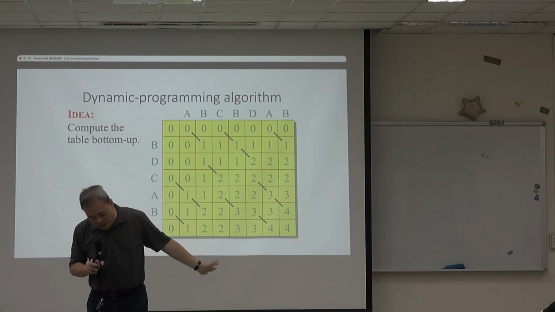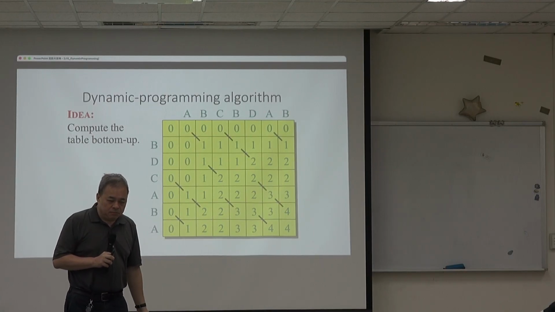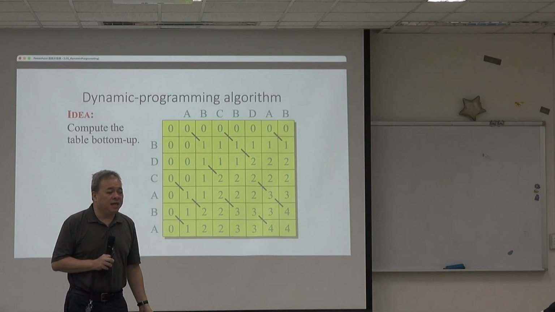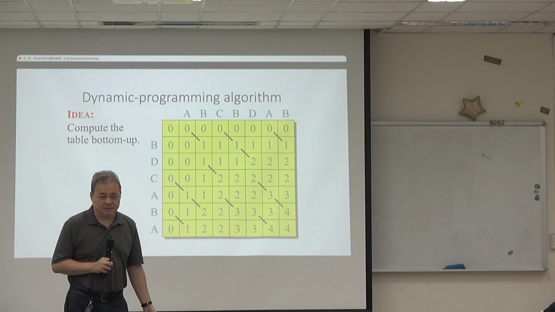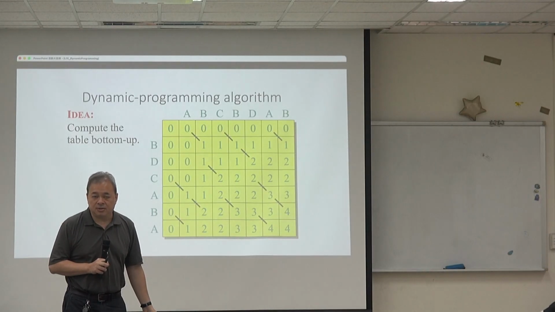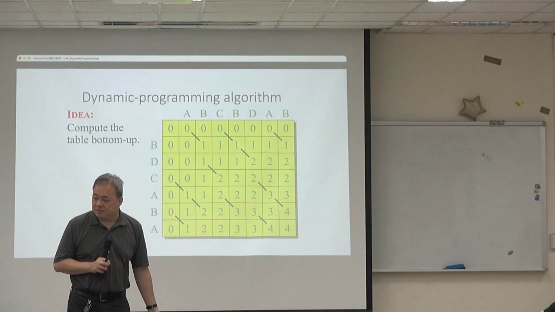But with this information, how do you output the real LCS? To make the problem more challenging, how do you output all LCS? Remember I told you there are more than one possible LCS, right? How do you do it?